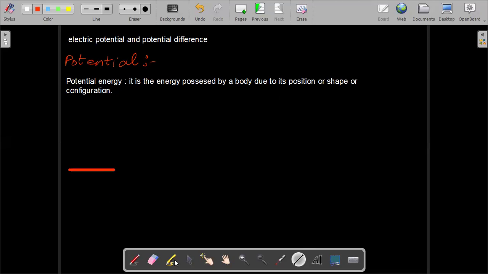Does anyone remember the formula for gravitational potential energy? Suppose we take a mass m and we move it to a certain height h.